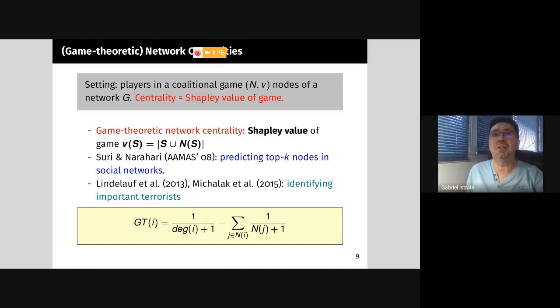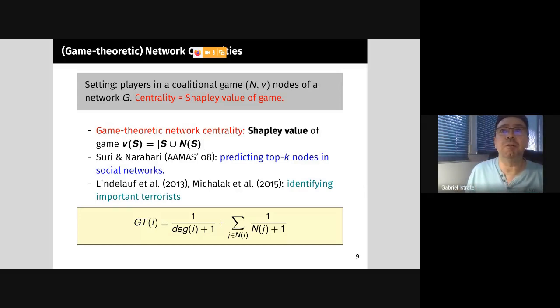And versions of this measure have been used, and you'll see this immediately, for things like identifying important nodes in terrorist networks. And suffice to say that this game theoretic network centrality, that is the Shapley value of the game that I just talked about, has a very easy interpretation.